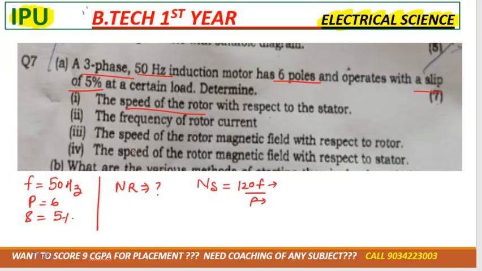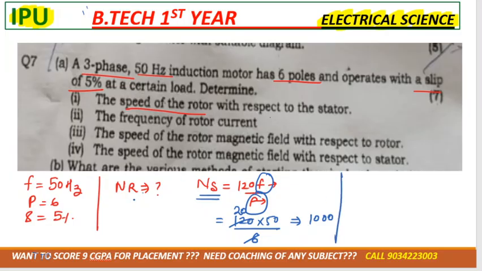Now for that we choose f. We get ns as 120 f divided by P, 120 times 50 divided by 6, right? And that would be 1000.